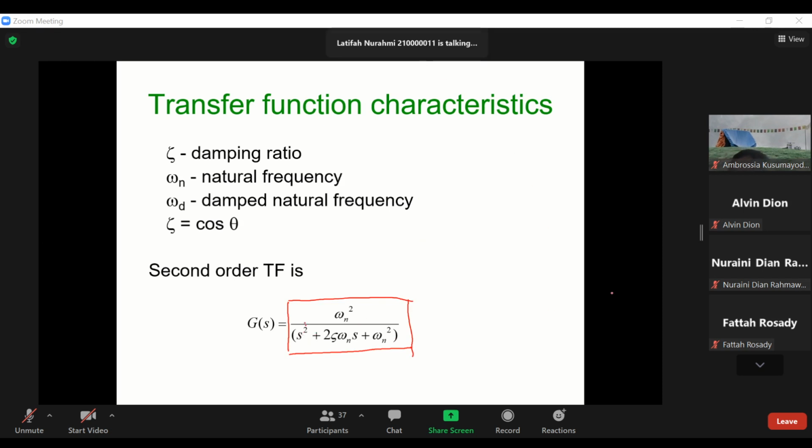So here is the s squared, which defines that this is the second order system. Then this is 2 zeta omega n. This is our coefficient of s power 1. And here is the constant omega n squared. Okay. The natural frequency is defined by the symbol omega n.